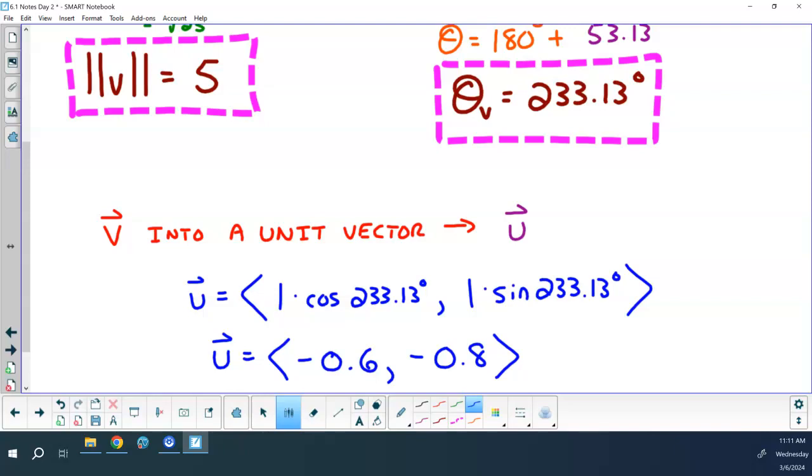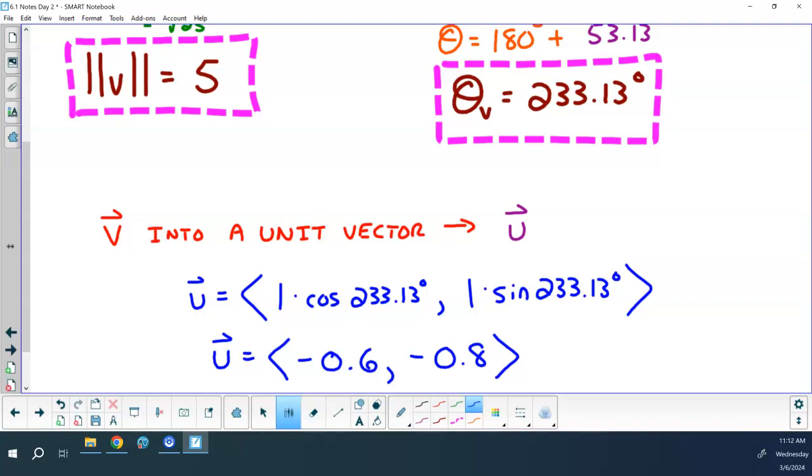So yesterday, in number 7, wherever number 7 is, we talked about how any vector could be written in component form as the magnitude times the cosine of the direction angle, magnitude times the sine of the direction. Remember that? Written on your paper, right by number 7. So if I want to make v into a unit vector, it's got to have the same direction, but it can only have a length of 1.